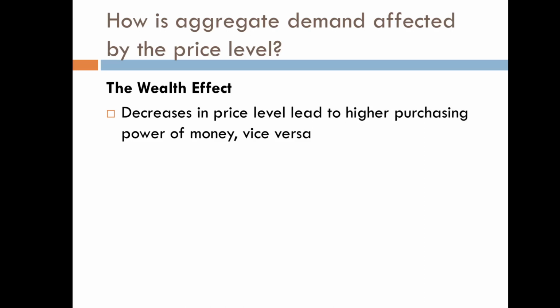Anyone who can give me some scenario to explain this? When the price level is decreasing, things are cheap, so you can buy more of it. Your money seems like you can buy more stuff. That's good. Is that Leo? Yes, Leo, very good. Well done. That's the answer.